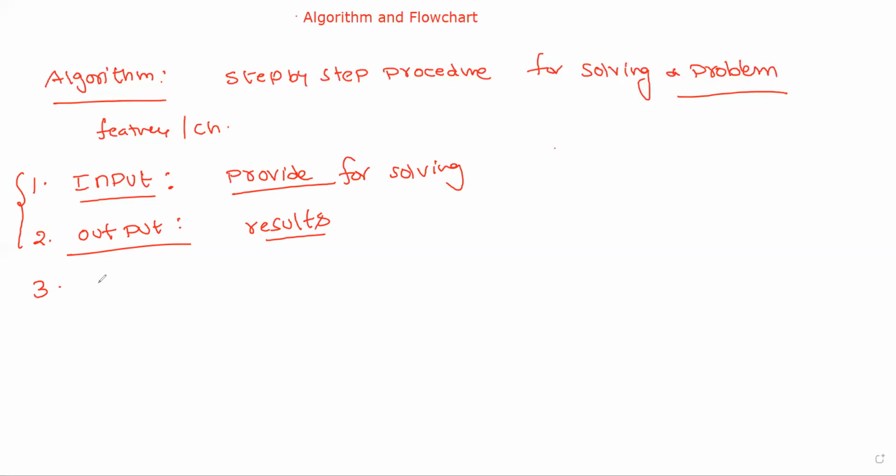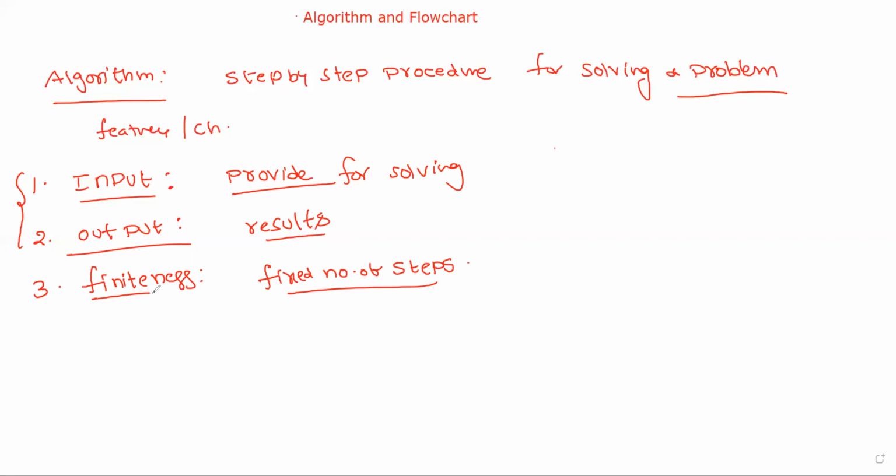One such point is finiteness. The name specifies finite. That means you are writing the algorithm step by step, and the algorithm has to be completed after a fixed number of steps, that is, a finite number of steps.